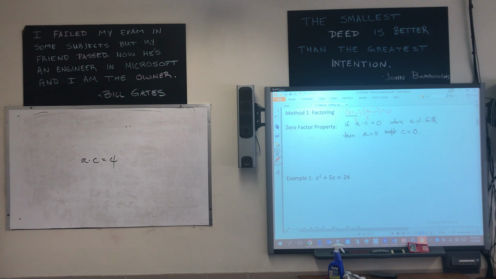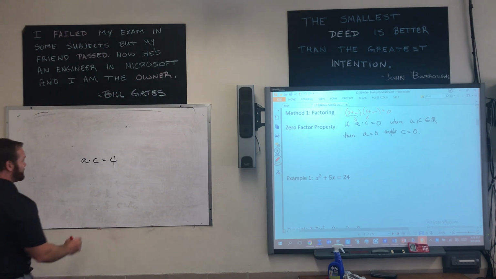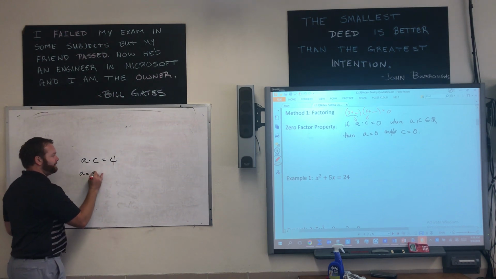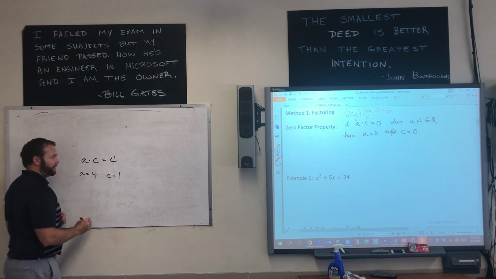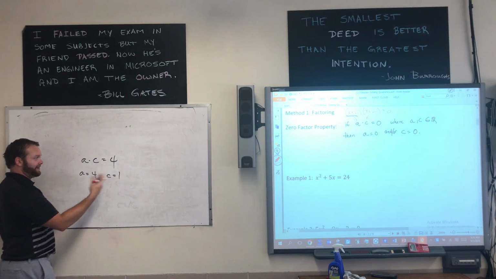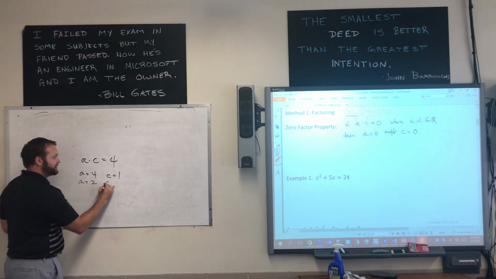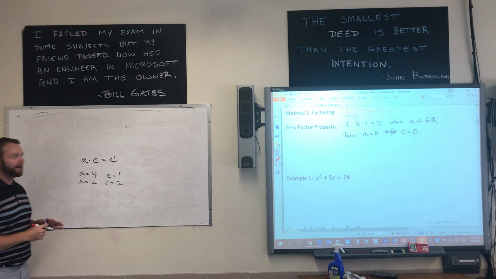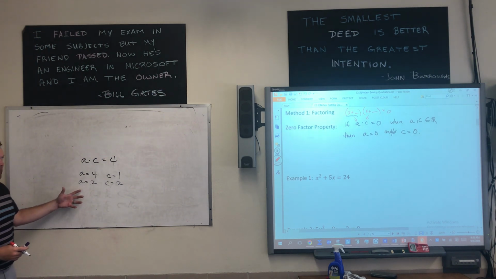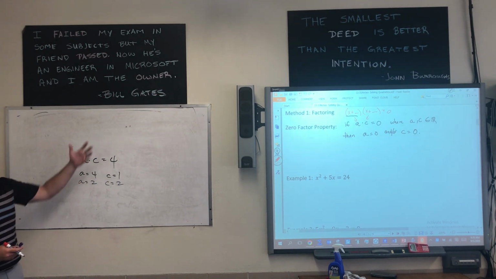That's the only way you can get 0 through multiplication, is if one of your factors is 0, right? But to get 4 through multiplication, there's a lot of options. A could be 4, C could be 1. We could flip-flop and say A is 1, C is 4. We could say A is 2, C is 2. And that already is a problem for us because we've got a lot of options.